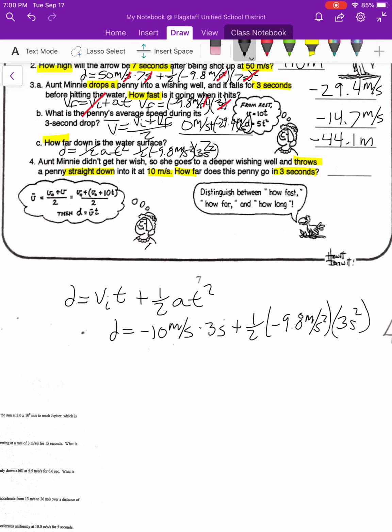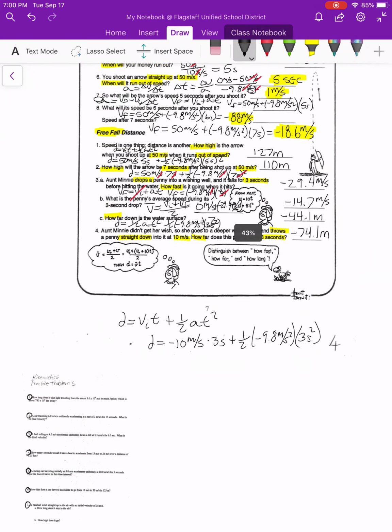Okay, so let's do this on the calculator. 3 squared is 9 times 9.8 is 88.2, and half is negative 44.1, right? Okay, and then we have plus negative 30, right? So I should get negative 74.1 meters.